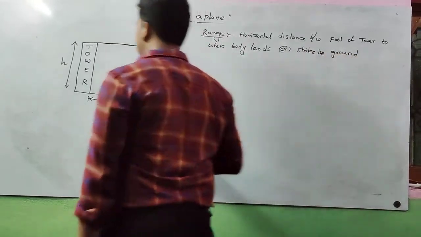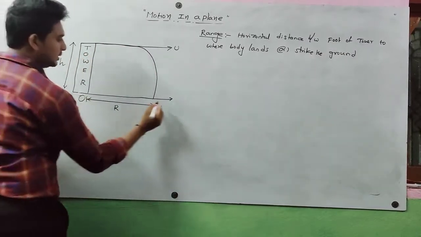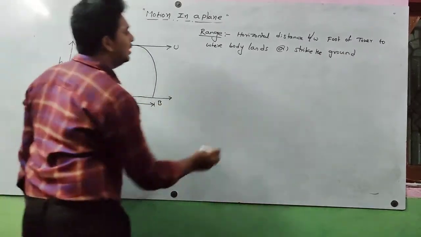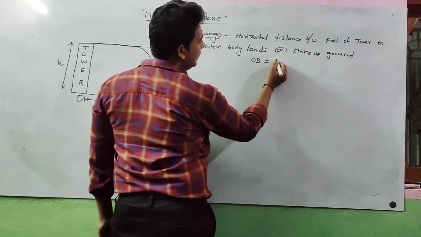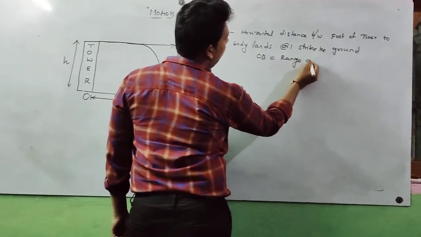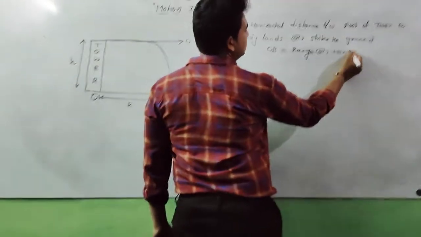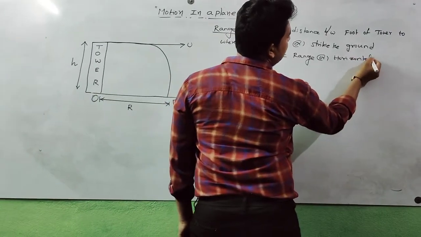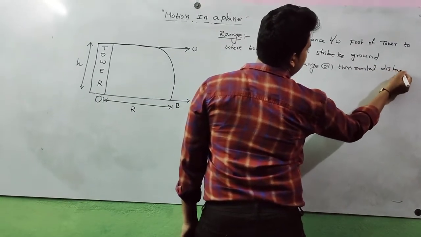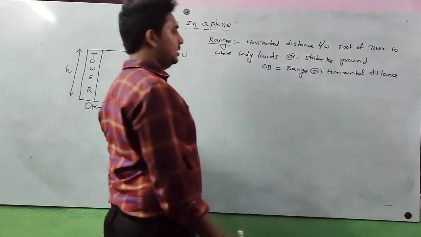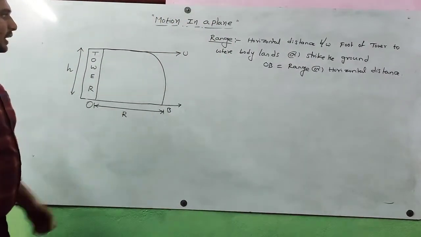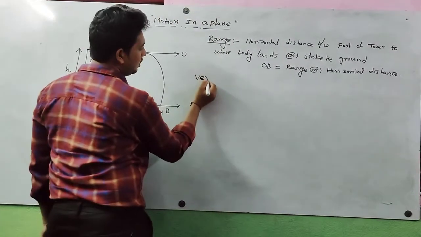So if I consider this is O, this is B, then OB is equal to range, or horizontal distance. Now I consider vertical motion.